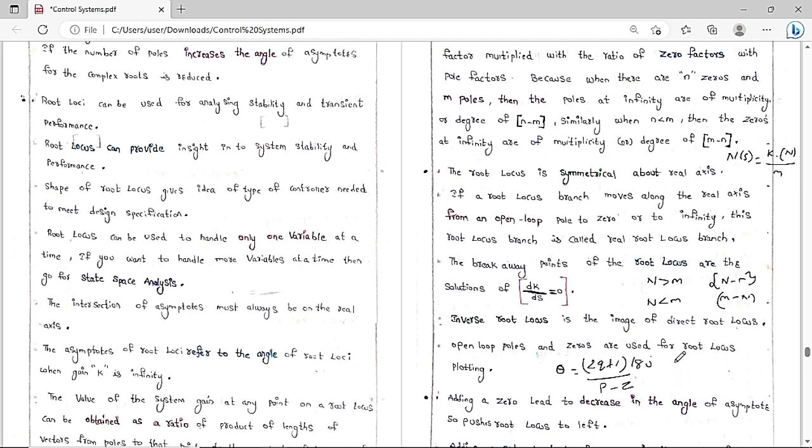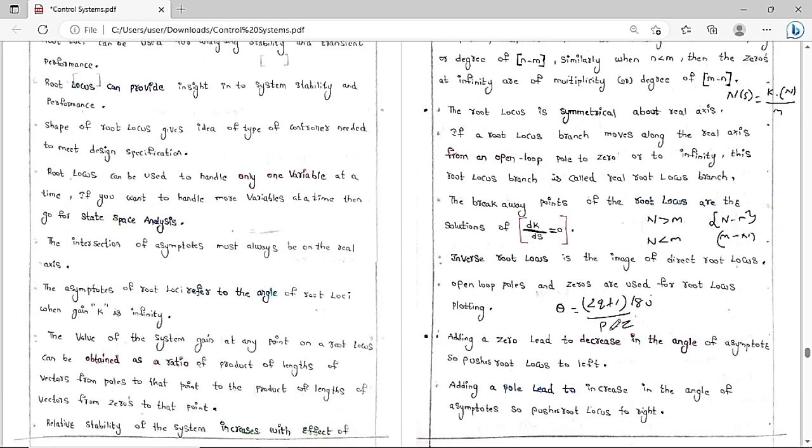Therefore, the root locus is going to shift to the RHS of the S-plane. Suppose Z is increased; then the denominator decreases, so the overall angle increases. Therefore, the root locus is going to shift to the RHS of the S-plane. This you always have to keep in mind.